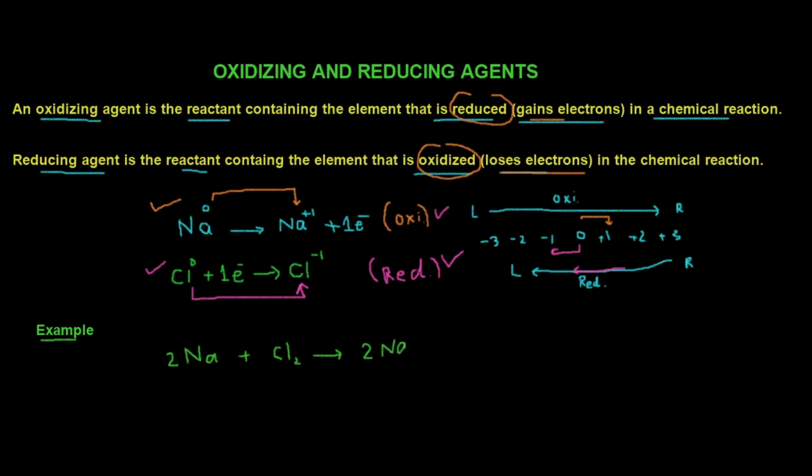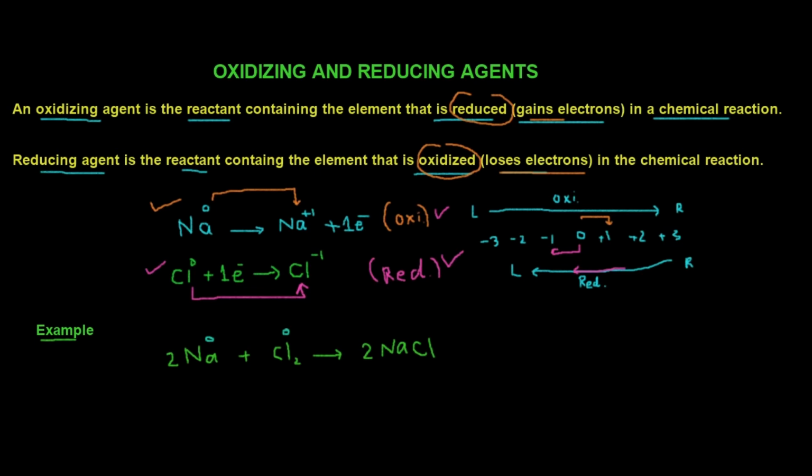This is a very simple, common example. As you can see, in this case the sodium atom is in a free state, so it has zero charge. Similarly, in the chlorine molecule, each chlorine atom has zero charge.